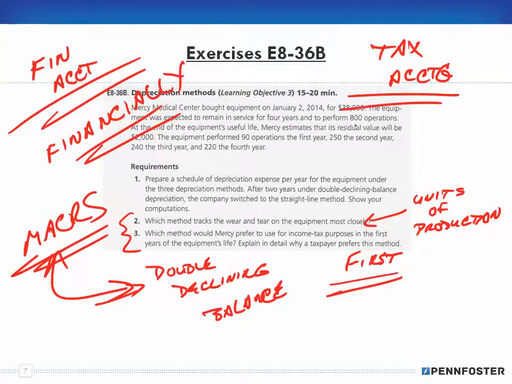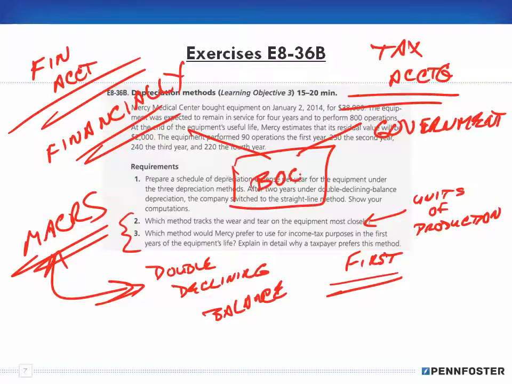Tax accounting is how you report to the government for taxes. Now, they're both based upon the same set of books. You take that information from your general ledger and create your financial statements, but you also take that same information and put it on your taxes, which differs.